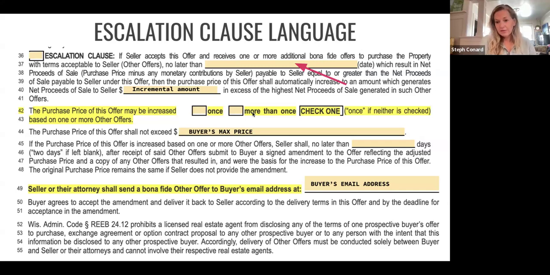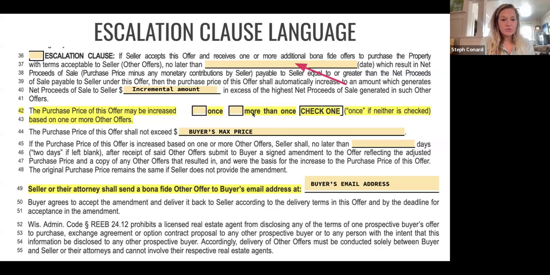We are prohibited from sharing this based off of our license ethics, based off of confidentiality. We cannot share the terms of another offer with another buyer, but that's not to say a seller cannot. So a seller now needs to send that buyer a copy of the other offer showing that this, in fact, did bump your offer up.